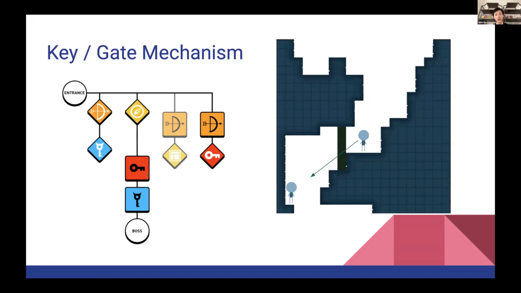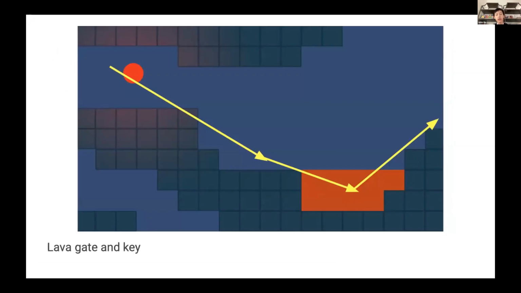These are just some examples, and I will get into more specific details on how we apply key and gate mechanisms in a video game that we developed in conjunction with this methodology. This is another example, a lava gate and a key.